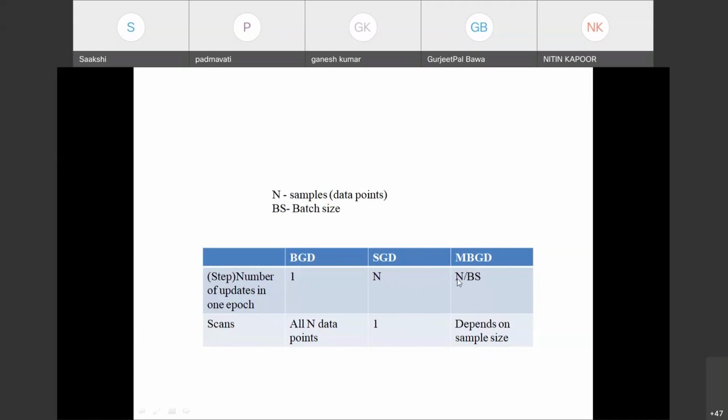I will be doing n upon batch size. Batch size is nothing but how many data items are in each batch. So if I do the total number of data points upon batch size, it gives me the number of updates that I am going to perform in each epoch or iteration.